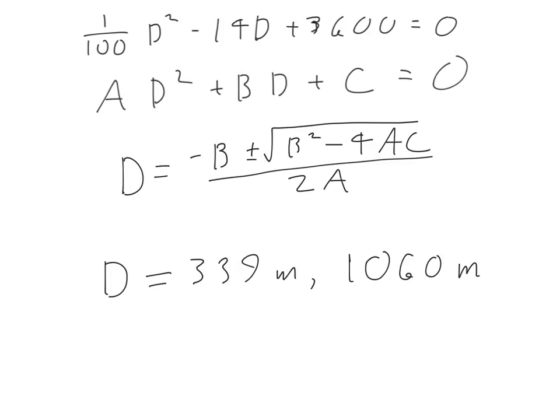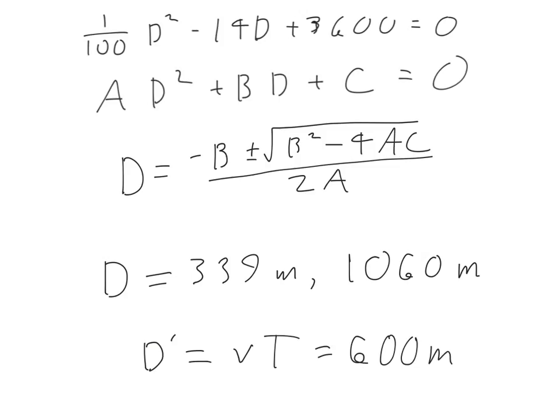So, if we were to reconsider the equation for how far your friend had gone, let's consider the case for just when your friend was going constant speed returning. That distance that was covered, that d prime, the furthest your friend could have gone if he spent the entire time traveling at constant speed, would just be your friend's velocity times the entire travel time. Since your friend was going 10 meters per second and the time for the whole thing was 60 seconds, that would give us 600 meters.